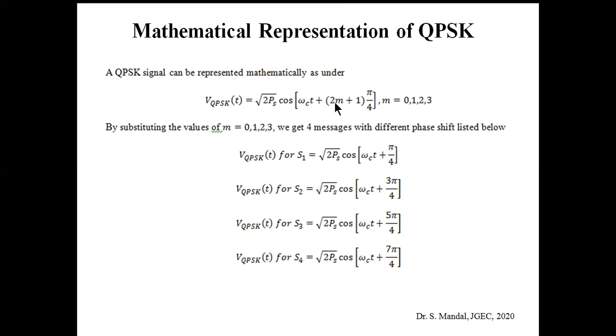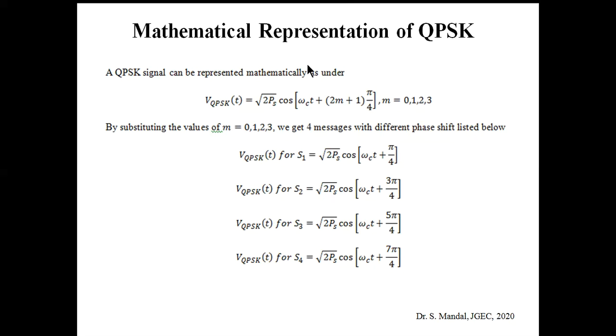Okay, now m is a constant that depends on the defined symbol. That means for a defined value of m, we get a defined message. So for m equal to 0, we get symbol 1, s1. The equation for symbol 1 or message 1 is root 2 Ps cos(omega_c t plus pi by 4), if you substitute m equal to 0.